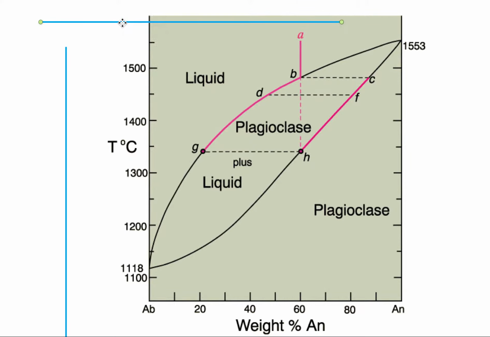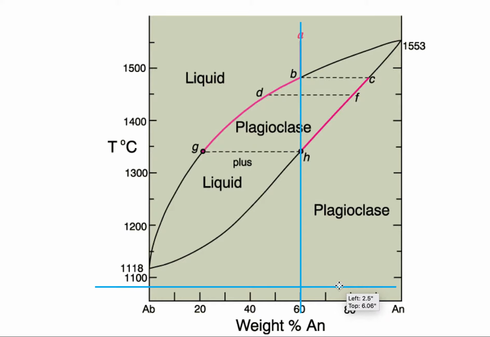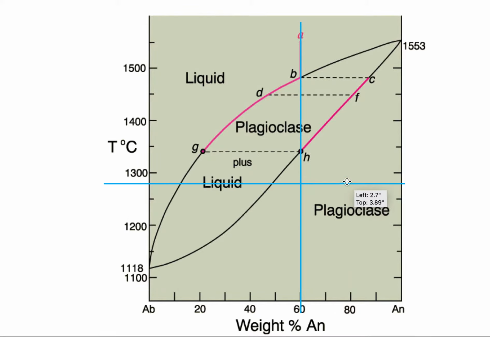And as we increase the temperature from some low temperature down here, it would begin melting when that blue curve hits the solidus. So we're starting here at a low temperature and increasing the temperature upwards until we hit the solidus at H. And that temperature H would be something between 1300 and 1350 degrees, maybe about 1340 in this diagram.